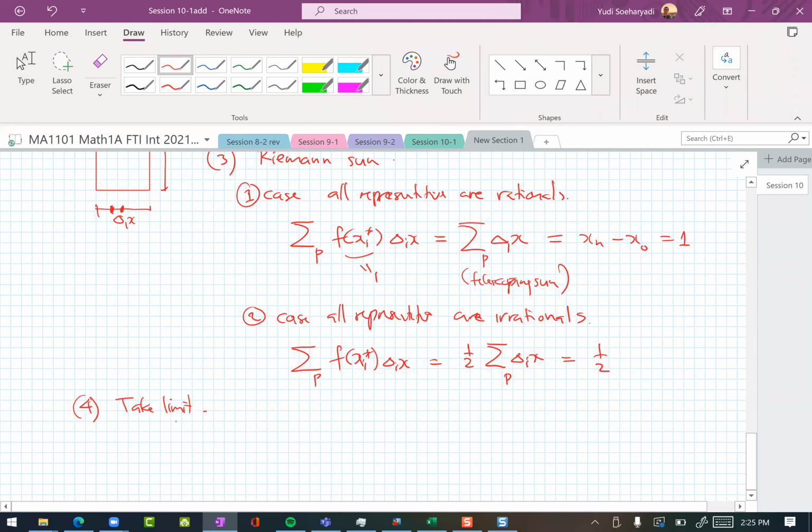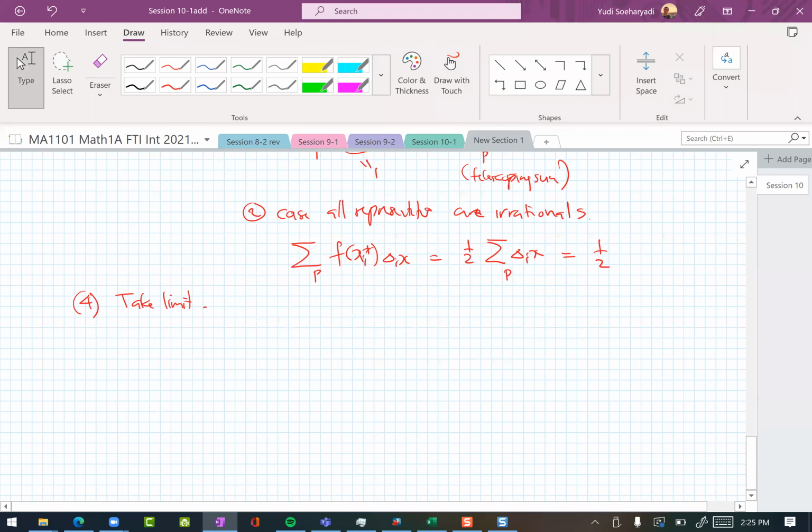Well, the limit is kind of confusing because it depends on what kind of representative you use. If you use a rational representative, then you always get 1. But if you use an irrational representative, you get 1/2. So the limit depends on the representative.